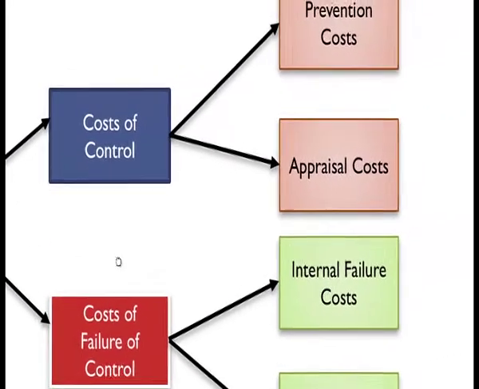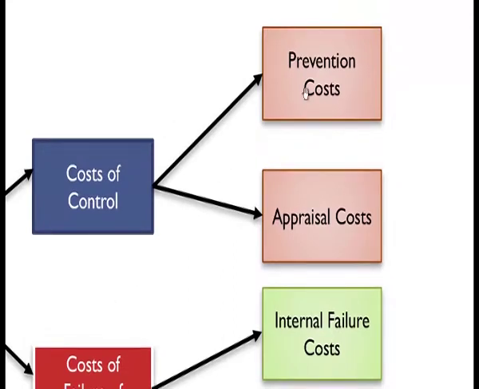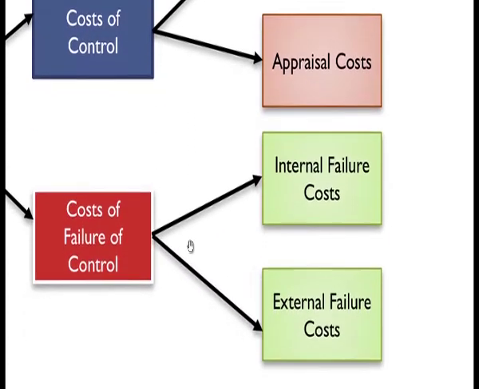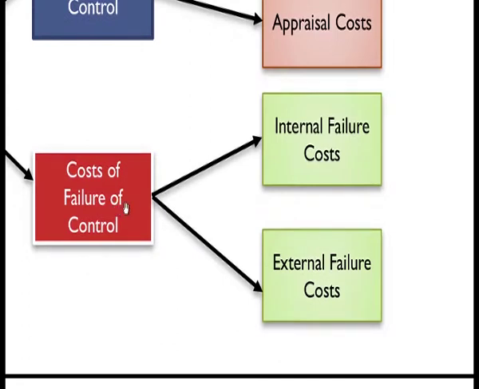When you come into costs of control, we have prevention costs and appraisal costs. When you look into costs of failure of control, we have internal failure costs and external failure costs.